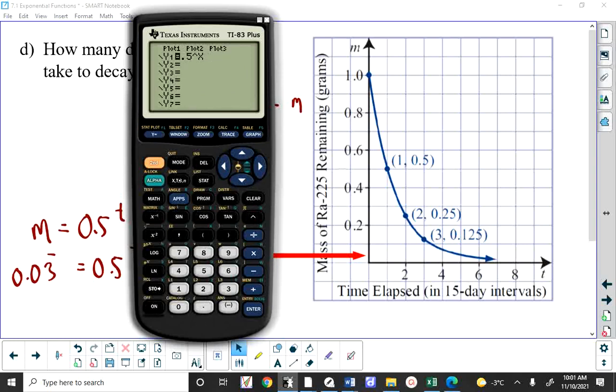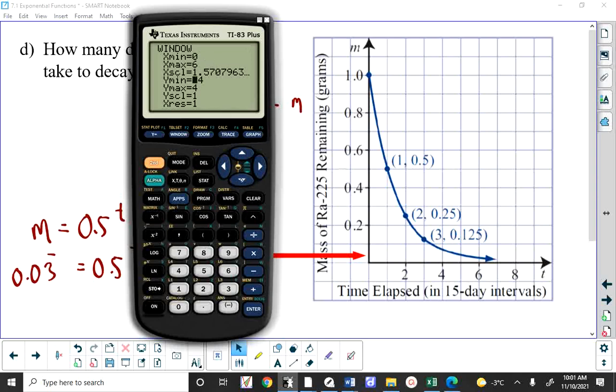I might as well set up my window setting right now. I'm going to set it up to kind of match this. I'm going to go from 0 up to 15 because I don't know exactly where these two are going to intersect. They might intersect further to the right. You can always adjust it later. In fact, I'm going to put this at 6 just for now to show you what I'm talking about.